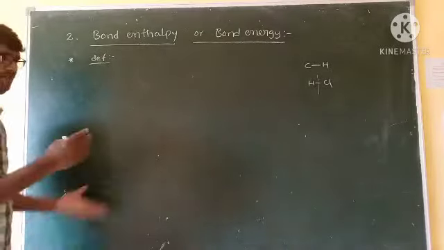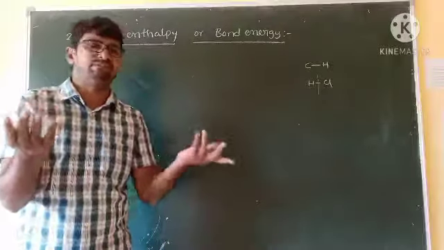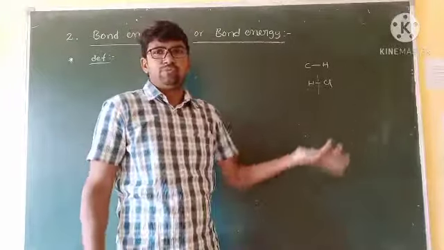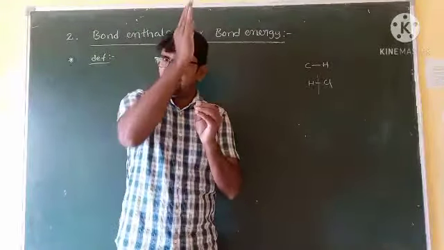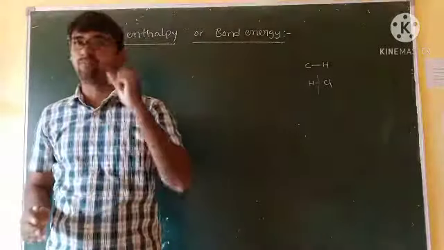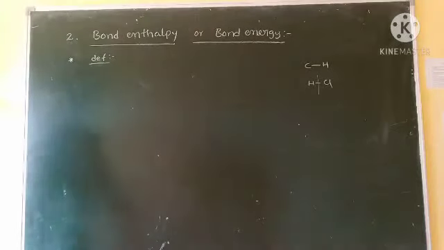This is the definition. Very simple. For breaking any particular type, either HCl or CH or OH, between any two atoms, we have to break the bond. How much energy is required for 1 mole of a molecule? Okay, this is the definition.